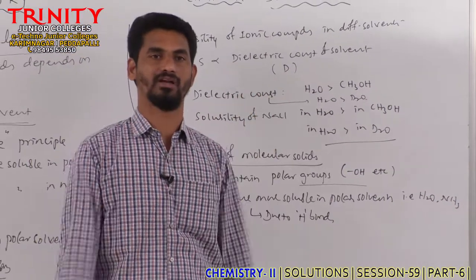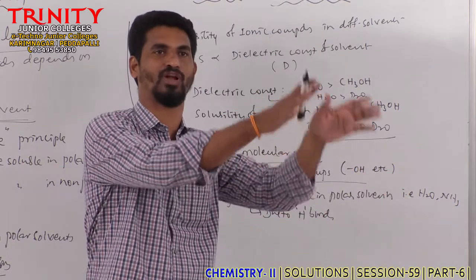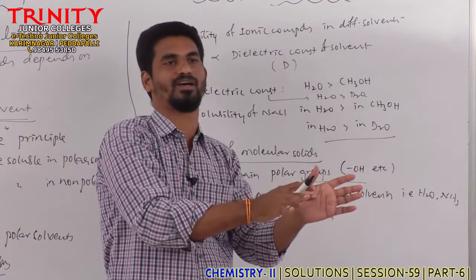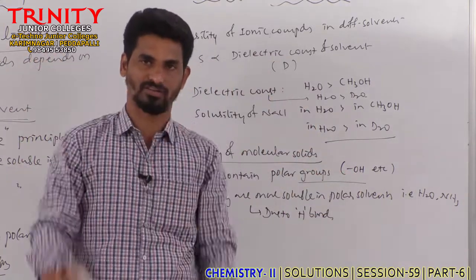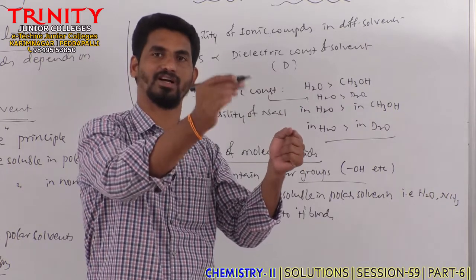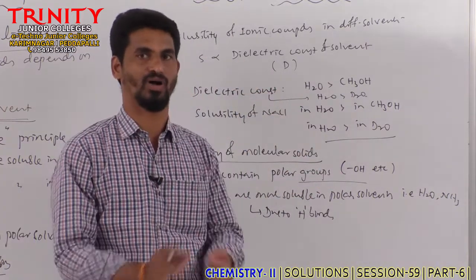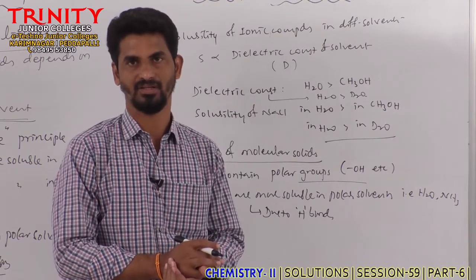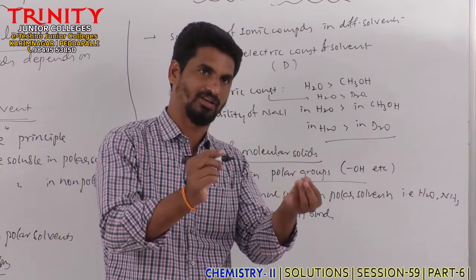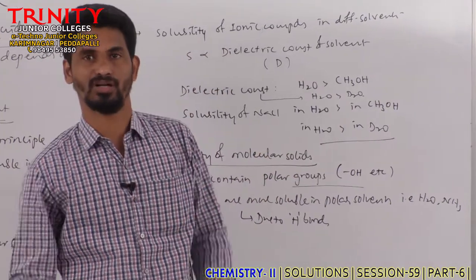Like this we can say the solubility of a solid substance depends on the nature of solute and solvent. Generally it depends on the like dissolves like principle: polar solids are more soluble in polar solvents, and non-polar solids are more soluble in non-polar solvents. Ionic compounds and molecular solids containing polar groups are more soluble in polar solvents like water, ammonia, etc. Non-polar molecular solids without any polar group are more soluble in non-polar solvents.